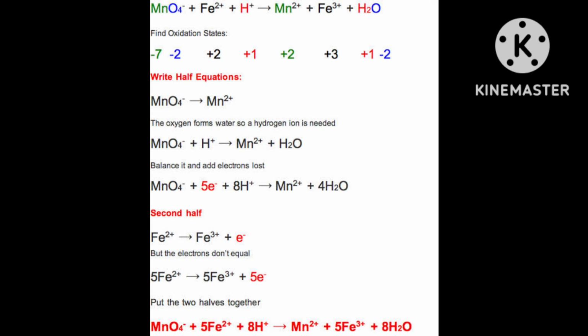Both should be cancelled or not? Both should cancel, because in the net reaction they should not appear. Then what will you do? It is a very easy method, you might be knowing. You have to multiply in such a way that the number of electrons should be equal in both processes.